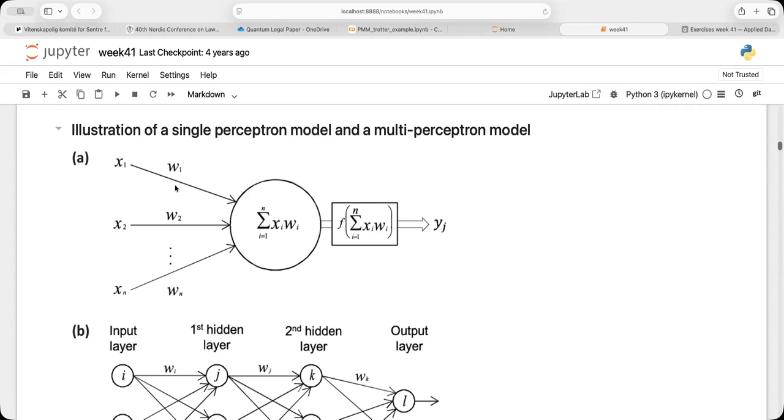These are weighted by some unknown parameters, the weights. All the inputs come in and are fed into some function, and then you spit out a value, y, which is your model. This is then compared to some output target through the cost function. And it's the cost function which is the quantity you optimize, as we did with ordinary least squares, lasso, ridge, etc. Okay?